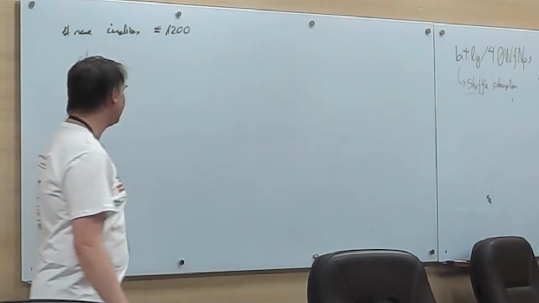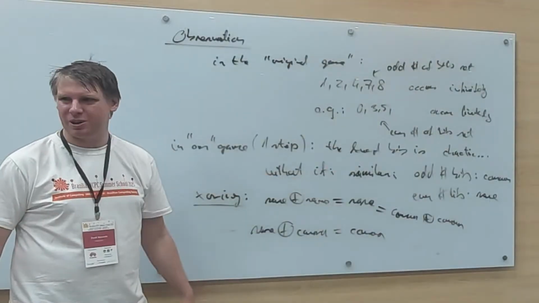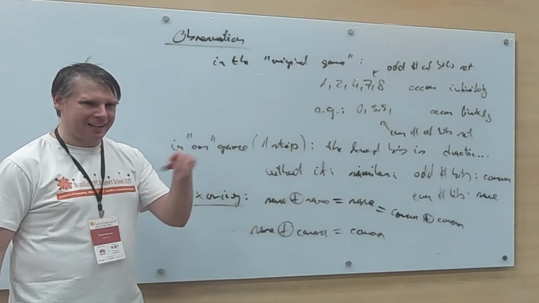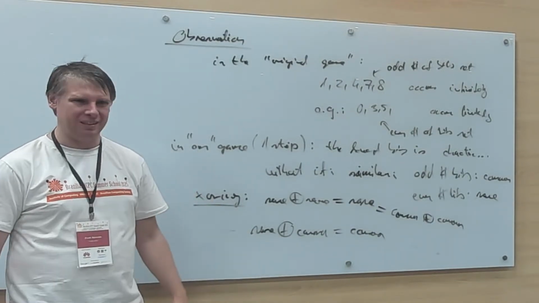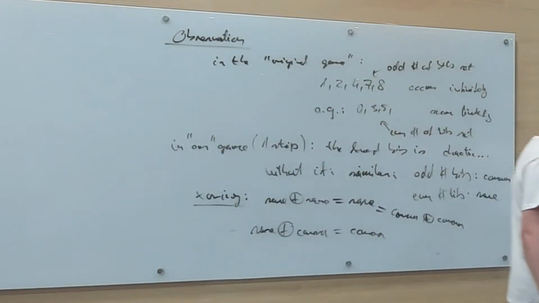Okay, so the tricky part comes now. We take pairwise XORs of a bunch of numbers, and then we need to determine the minimum excluded integer, right? So we somehow need to address that.